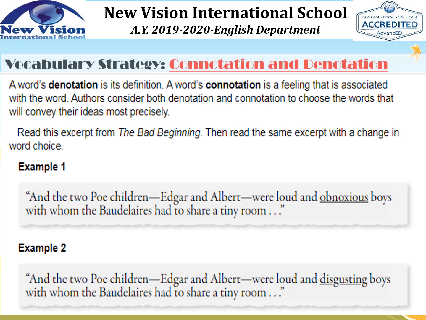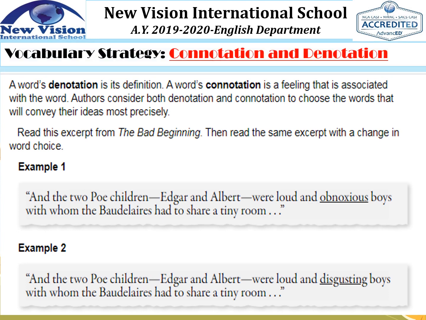Same text. For example 1 and example number 2, but they have used different words. What are those? We have obnoxious and disgusting. Literally speaking, both of them share the same meaning. They are synonymous, and that's denotation.